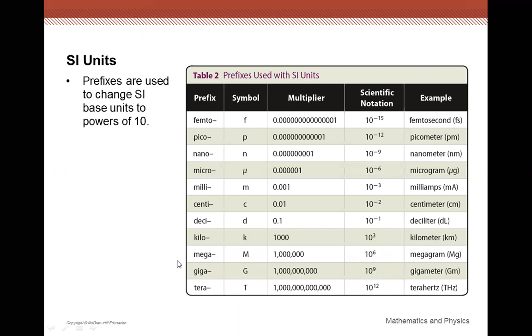To write this unit, we need scientific notation, or we can change it to the base unit, which is meter. These are some scientific notations for prefixes used to change the SI base unit by powers of 10. Like femtosecond: if I need to change from femtosecond to second, I multiply by 10 to the power negative 15. From picometer to meter, I multiply by 10 to the power negative 12.